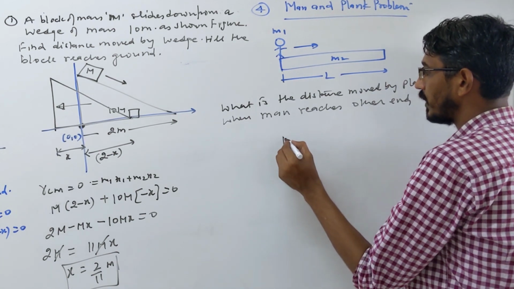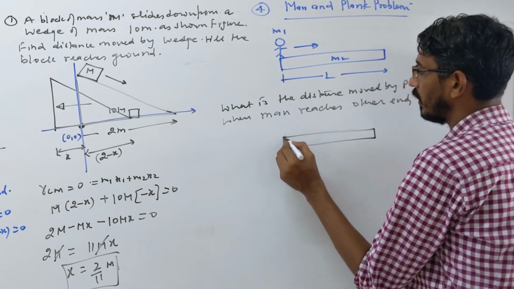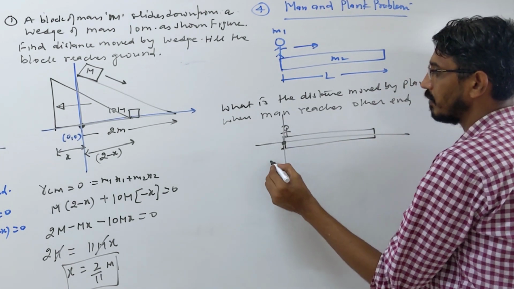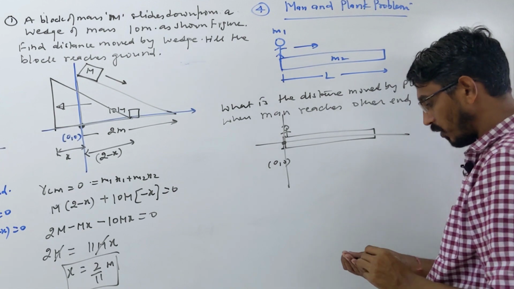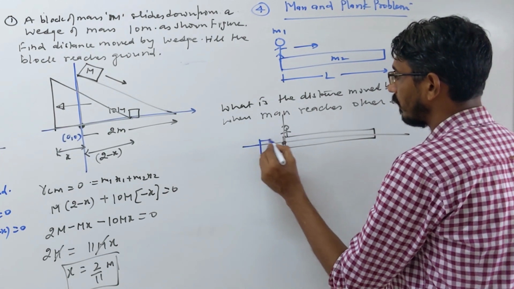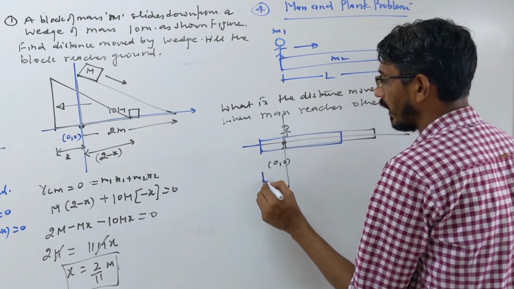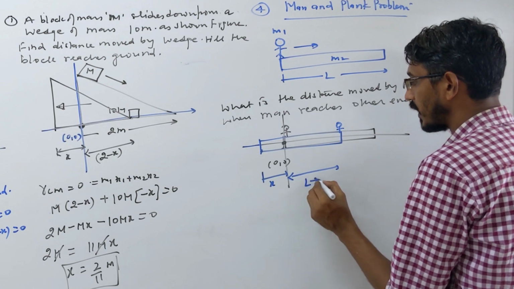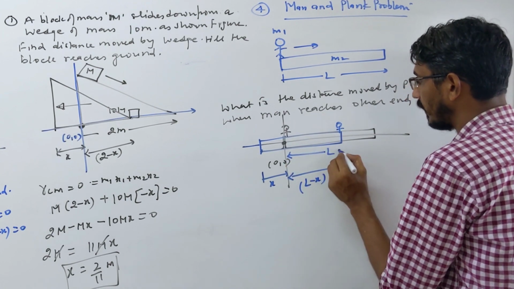This was the initial position of the man and plank. You choose the coordinate system here itself, this is your coordinate system origin. Till the man goes to the other end, the plank will come somewhere here, this is the new position of the plank. The plank has moved a distance x, the man will be at this point, so the man has moved L minus x, where L is the total length of the plank.